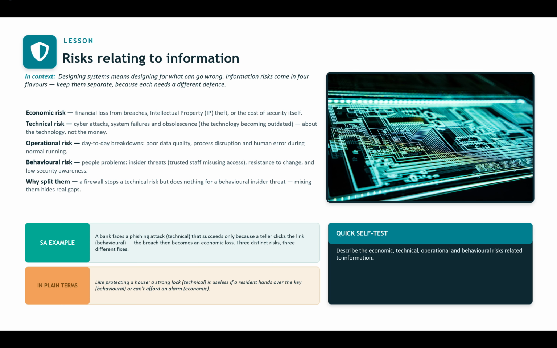So these are three distinct risks, and they have three different fixes. The phishing attack is technical, it sends an email, and the teller then clicks on that, which is behavioral, which then makes the whole thing an economic risk. So looking at them separately, then uniting all of them, helps us to make sure that we don't leave any stone unturned in finding our solutions.